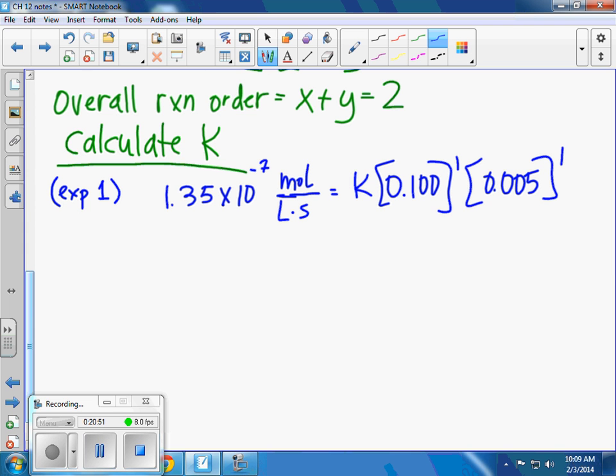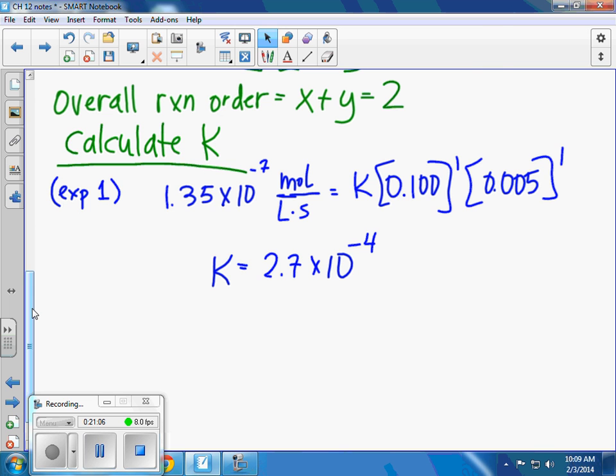So I calculate K is equal to 2.7 times 10 to the negative 4th. Okay, so mathematically I think that makes sense. Now we have to figure out the units. This is the part where you have to pay attention to your algebra.